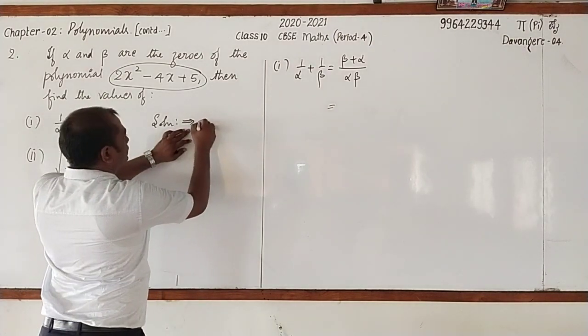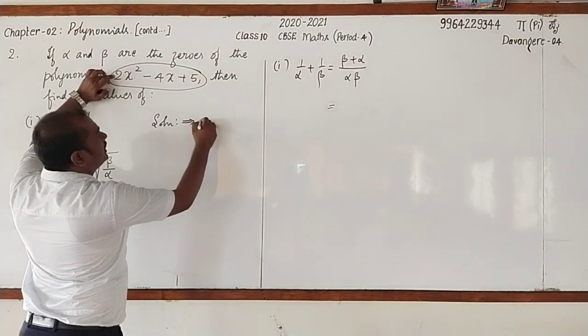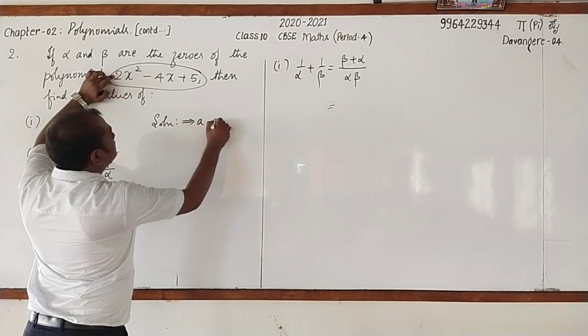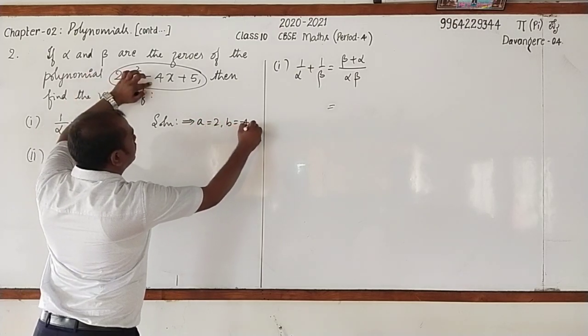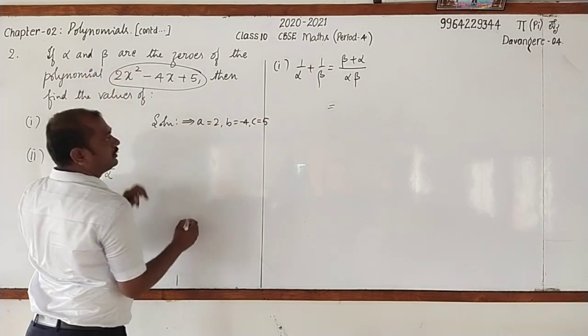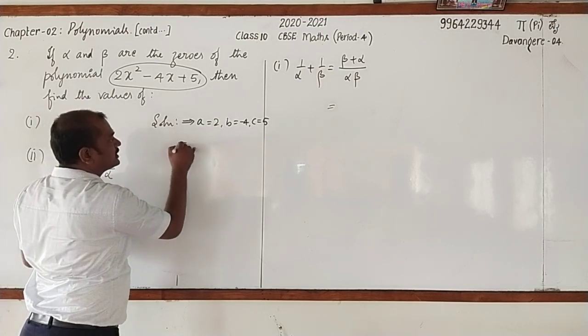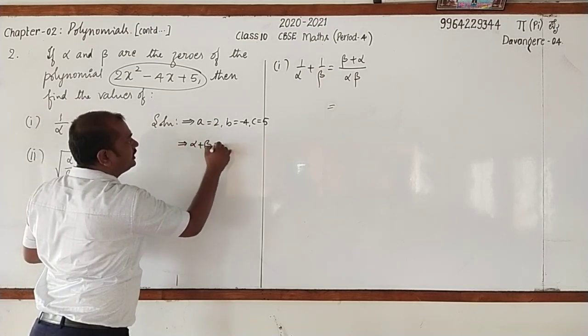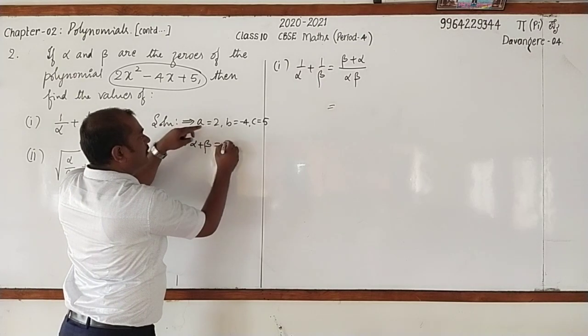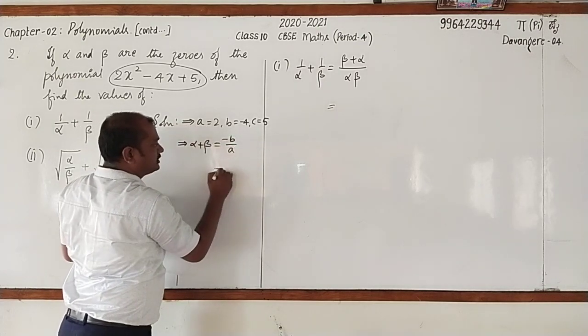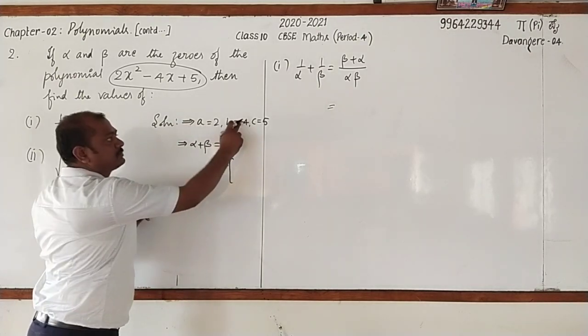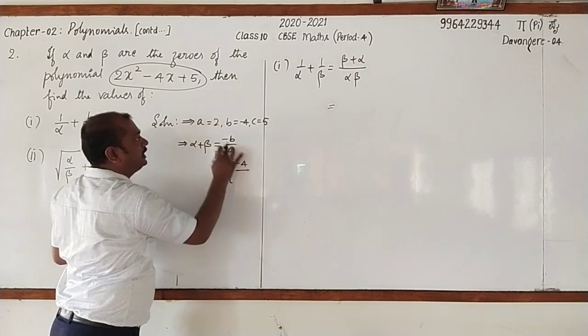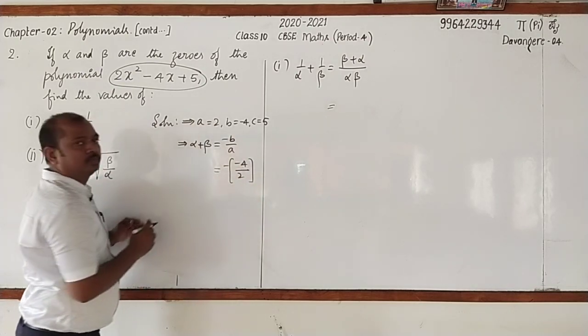Look here. Here they have given a is 2, b is minus 4 and c is 5. Then alpha plus beta is equal to minus b by a. Minus into, what is b? Minus 4. a is 2.